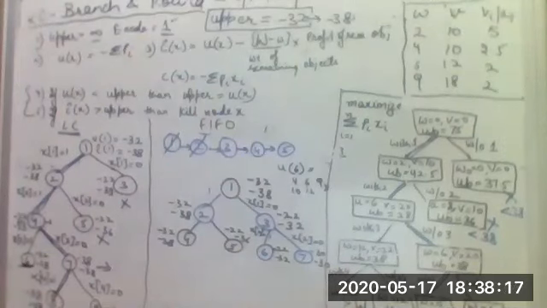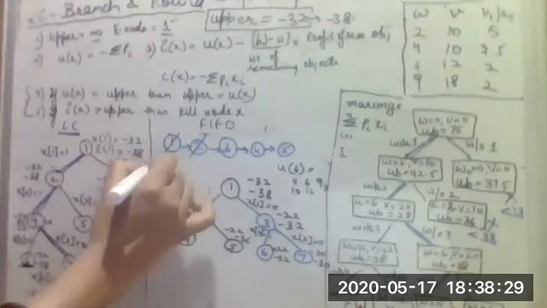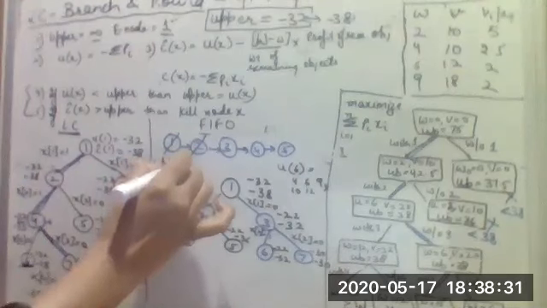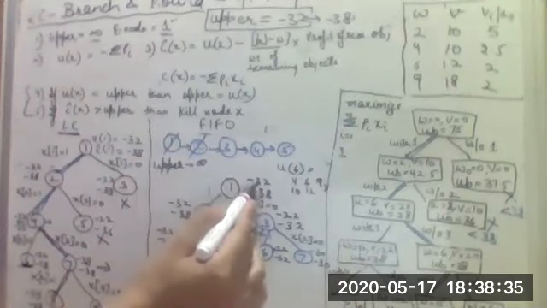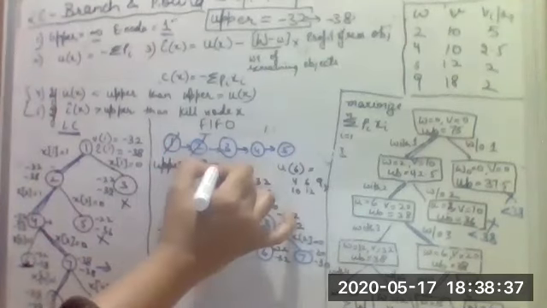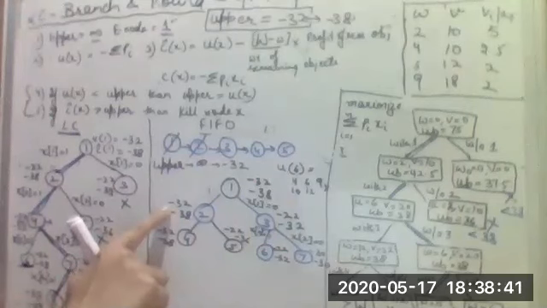Is that okay? So right now we will just stop here and look at the values we have for upper. Okay, so the upper value was what we started with. The upper value was infinity, and when we started with the first node, we made it equal to the u function value, which was minus 32, and this was also minus 32.